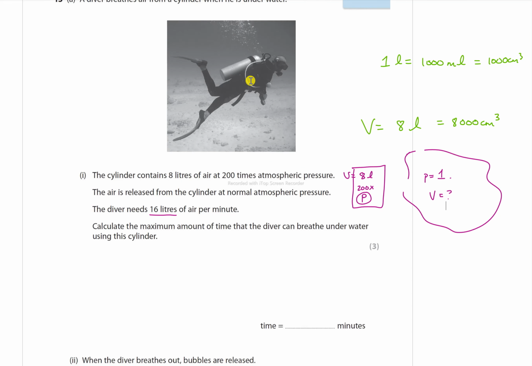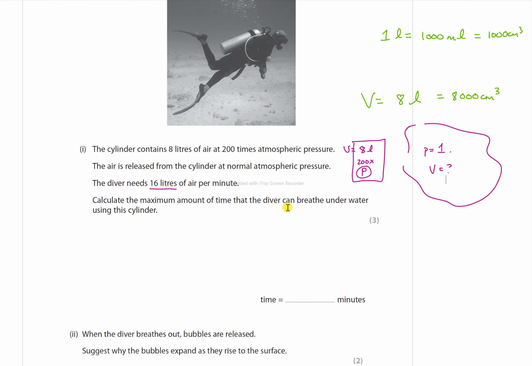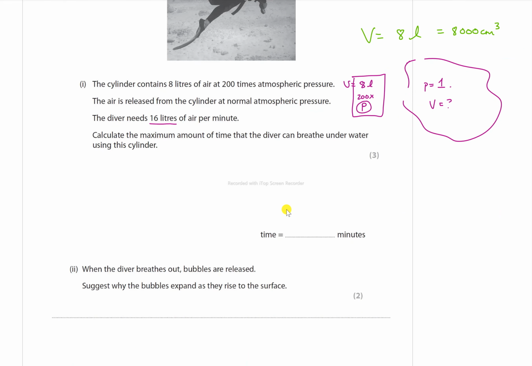It's the P1V1 equals P2V2 equation. So we know the pressure initially is 200 and the volume is 8. We can leave it in liters because these are working in liters per minute. So let's leave it in liters.